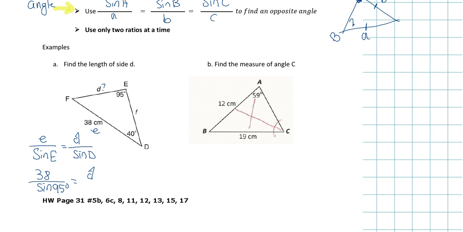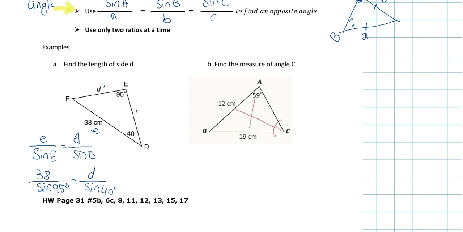So the reason we have the two different types of formula is to make it easier for us to solve. Okay, so we don't have to have something in the denominator that we're solving for. Now it's a matter of just bringing the sine 40 over, or what I call half cross multiply. You're only multiplying that sine 40 here.